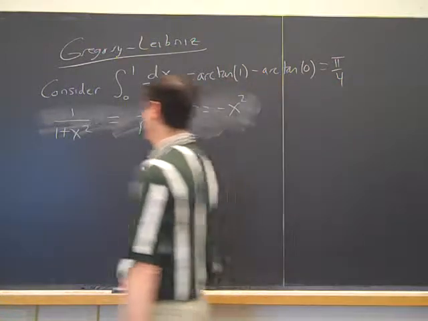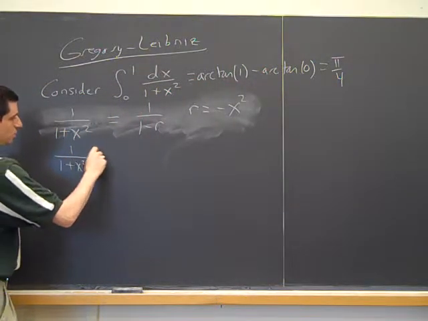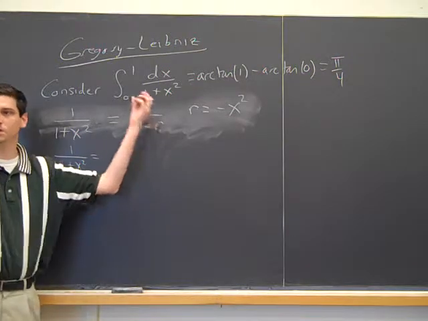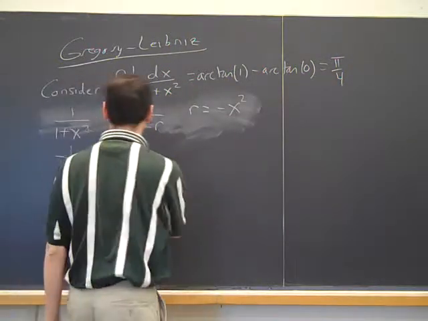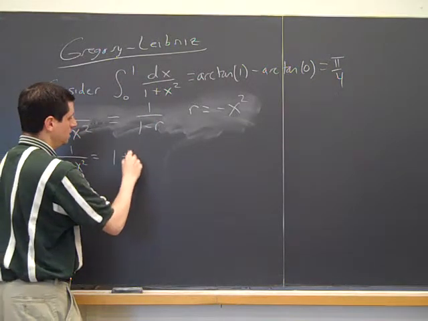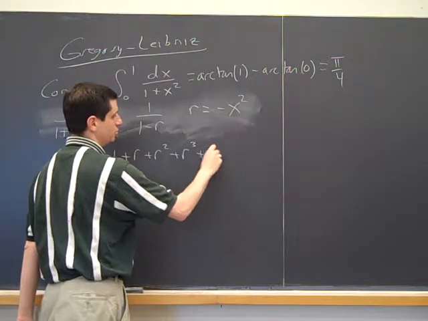Okay? So now, 1 over 1 plus x squared, well, the geometric series is 1 plus r plus r squared plus r cubed plus r to the 4th, dot dot dot.